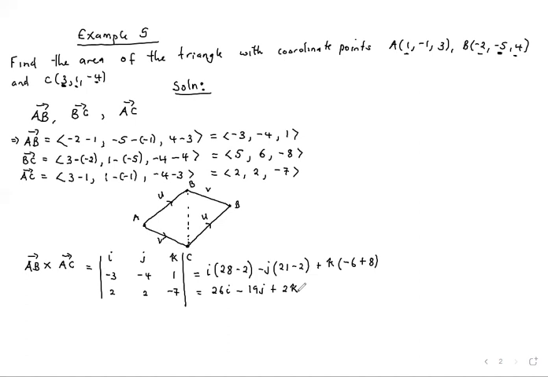Then now, suppose this vector is v, the cross product. So now you get the absolute value of this, the modulus of this vector AB cross AC.